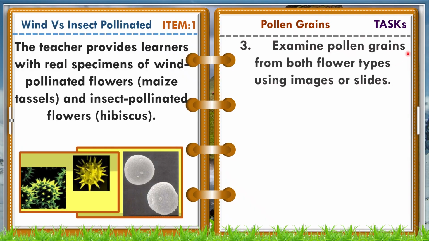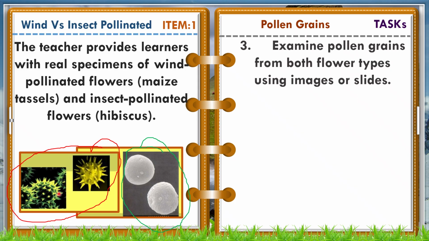Examine pollen grains from both flower types using images or slides. Now let us try to look here. We have two types of pollen grains, and I want you to identify. Look at them and see. You have this type here, which is the same as this type.